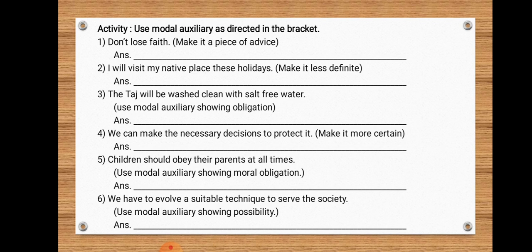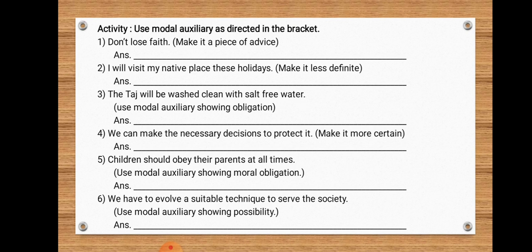They have some purpose. For example, can shows ability. Must is for obligation. Need to is for necessity. Will is definite, it shows certainty.